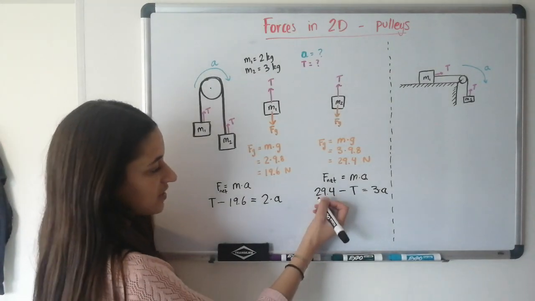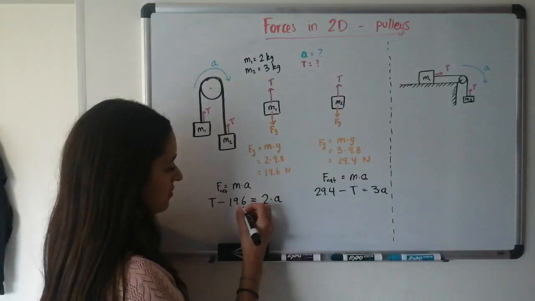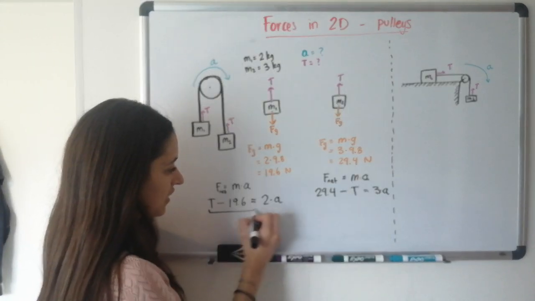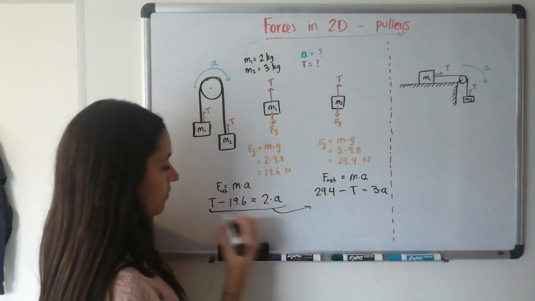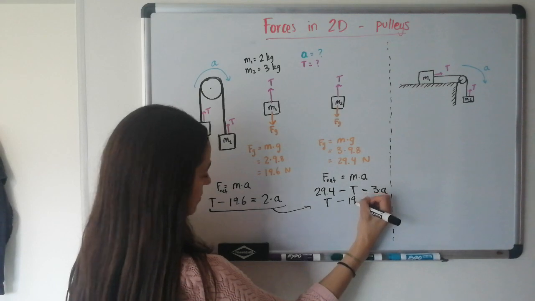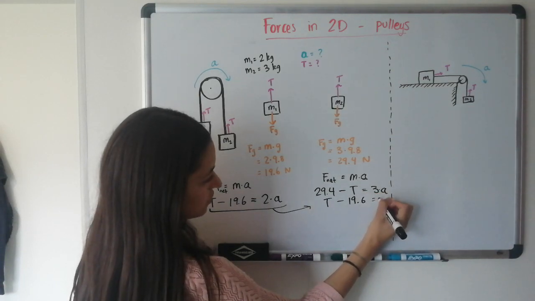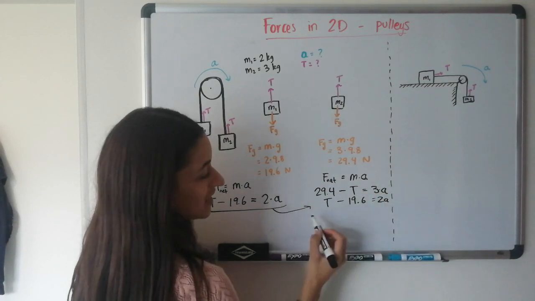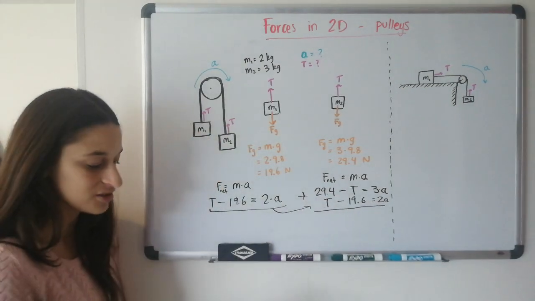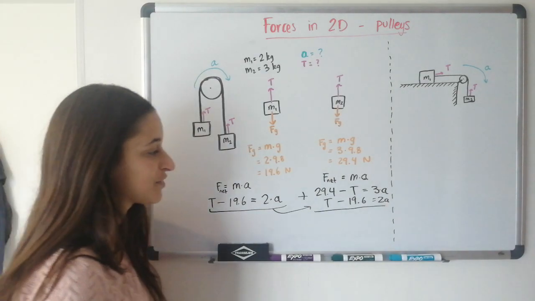So I take this equation, whichever of the two, I take them and I put them one under the other. So I'm going to put it down here. T minus 19.6 equals 2a. And I'm going to add the equations. I know that might be a little crazy. Maybe you've done it before, maybe you haven't.